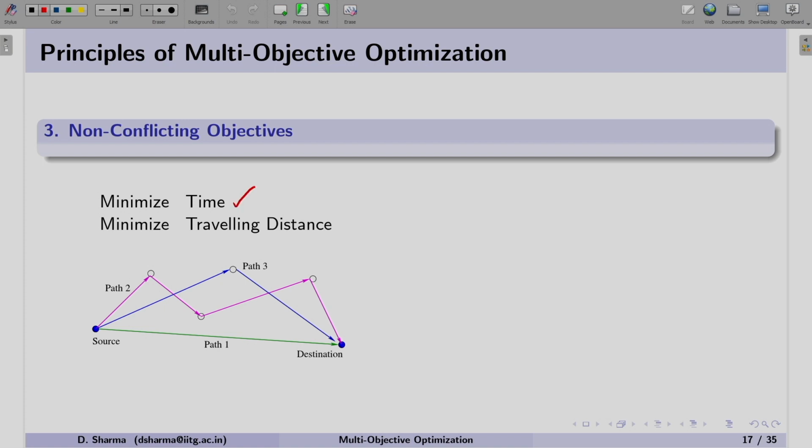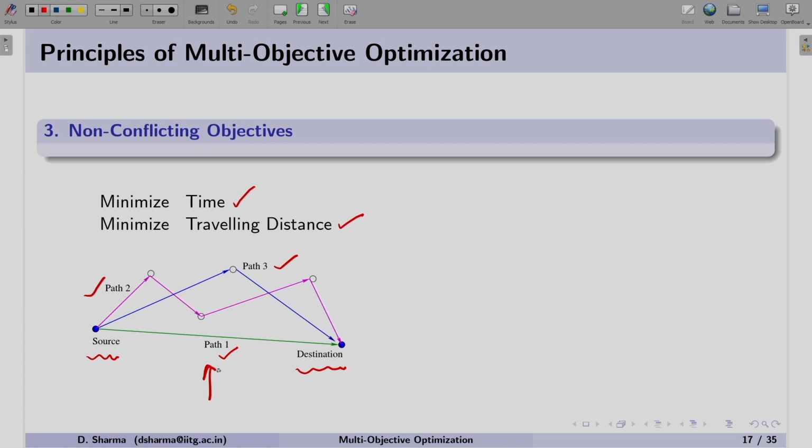We want to minimize the time and we want to minimize the traveling distance. Suppose the source is given to us, our destination is known, and we have three paths, path 1, 2 and 3. From this simple figure, if we want to minimize the time, we are going to choose path 1.